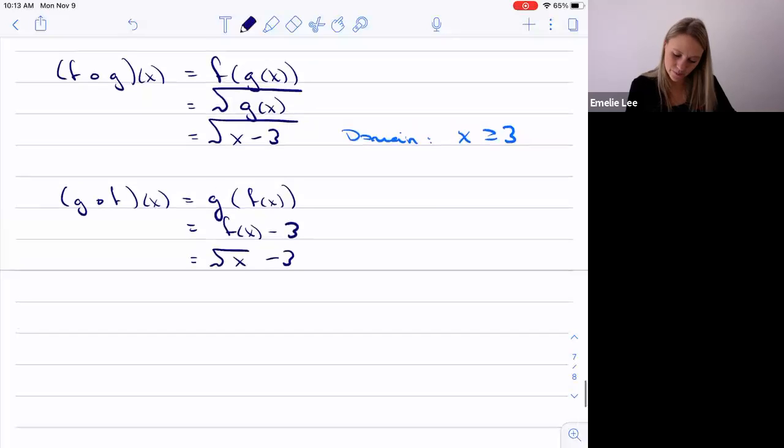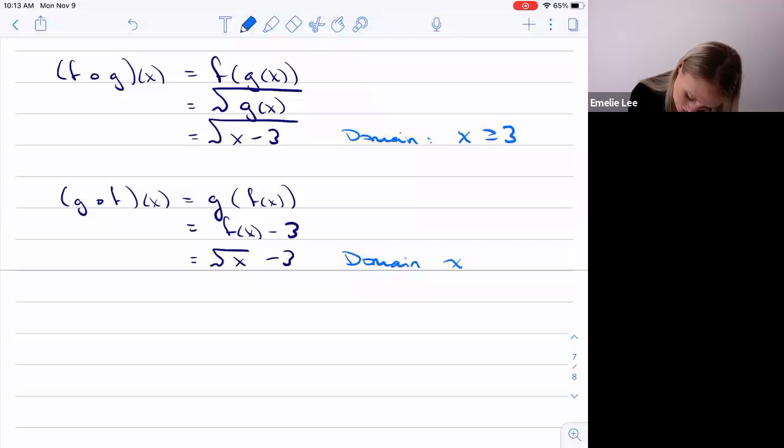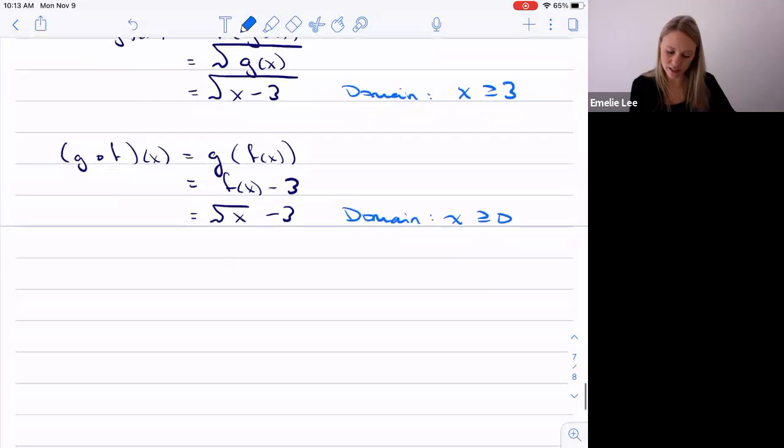So here, I'm allowed to put any f of x into x minus 3, so there's no restrictions there, but there are restrictions on f of x. So x is greater than or equal to 0. And most of the time, we can just look at the composite function, once we've found it, to see what the domain is.